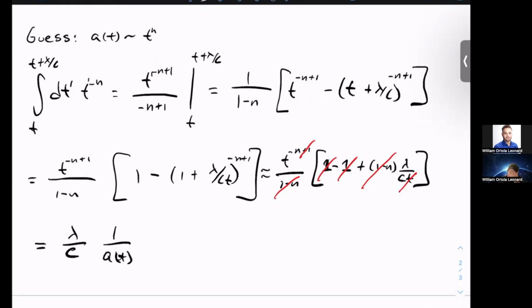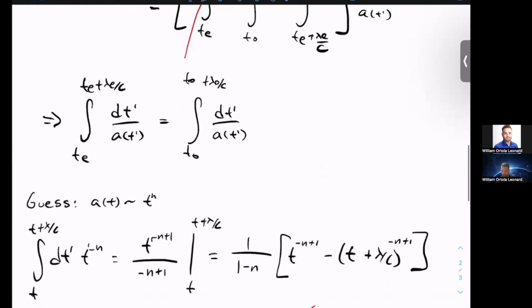And remember, this is true since we were saying that the scale factor goes as a power law, as t to the power of n. And so what this means for us is that we were only staying with t to the negative n, so that means 1 over the scale factor. And so this is our solution to this integral.